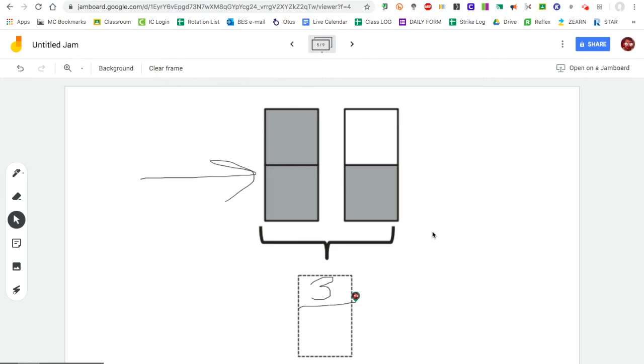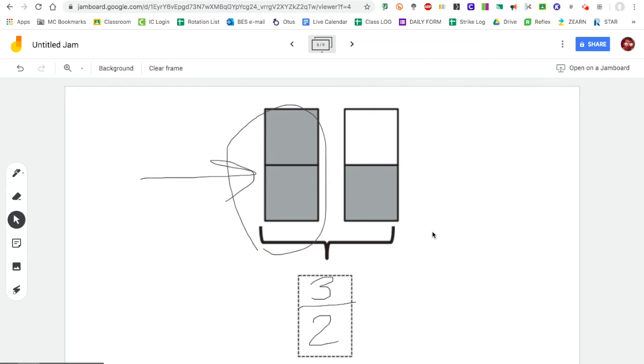And your denominator is how many pieces the whole was cut into, which is 2. Now, it might have been tempting to put the denominator as 4, but you have to remember, the whole is just this piece. That is the whole.